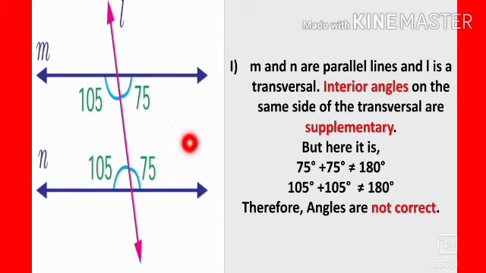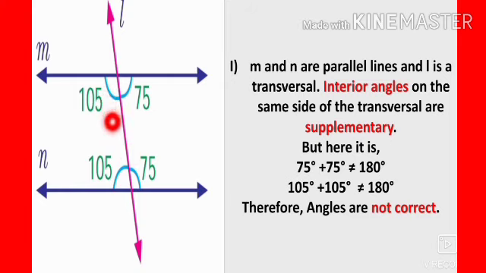Now in the first one, M and N are parallel lines and L is the transversal. Here 105 and 75, these angles are interior angles because they lie between the parallel lines, or in the interior region. And also here we know that these angles are called co-interior angles.